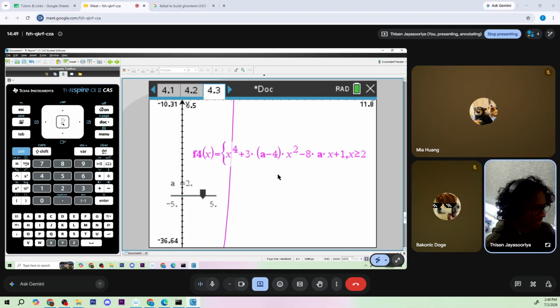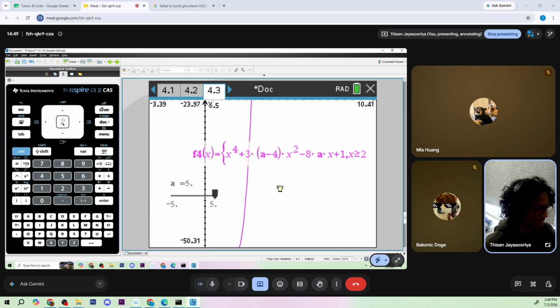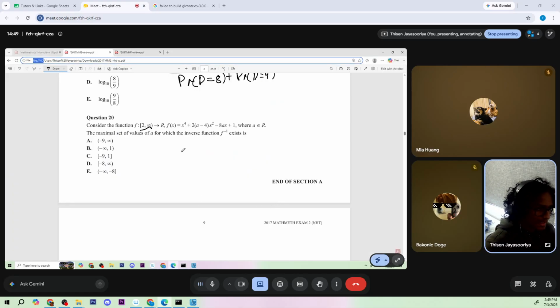And 2 almost works, but not quite. So let's go to 3. That's 4. So 3 doesn't work, but 4 is starting to look like it works. And here, 5 definitely works. So none of our answer options actually match with that.